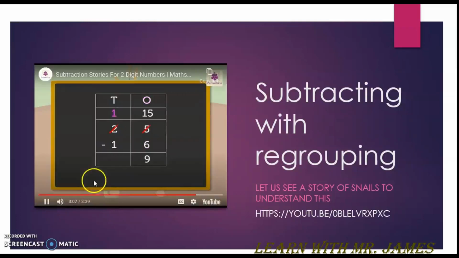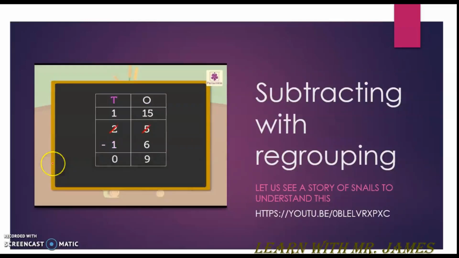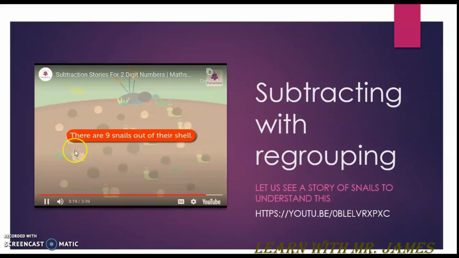Now subtract 1 minus 1 in the tens place. We get 0 tens. So we get the answer as 9 ones. Thus, there are 9 snails out of their shell.